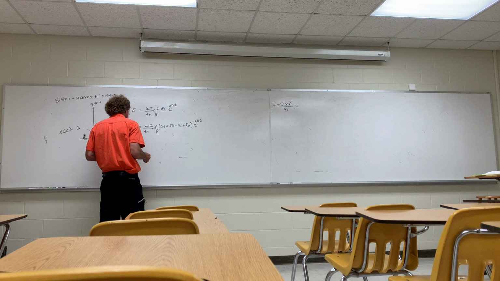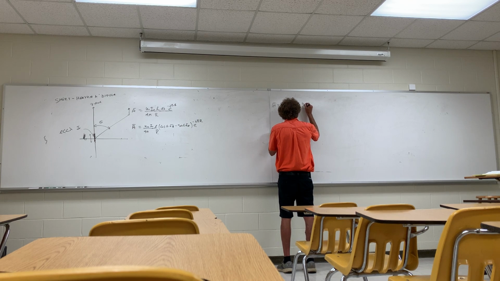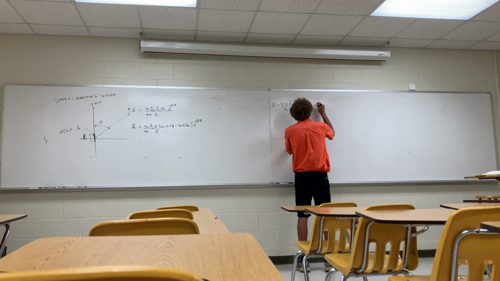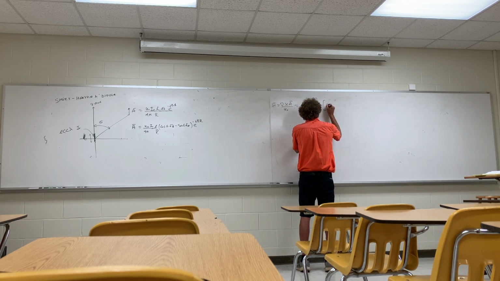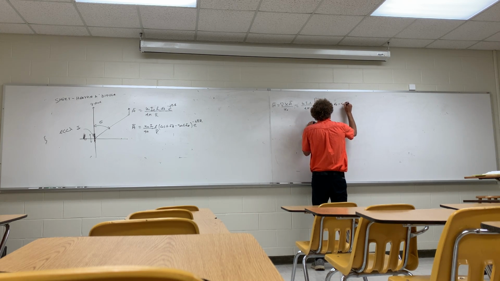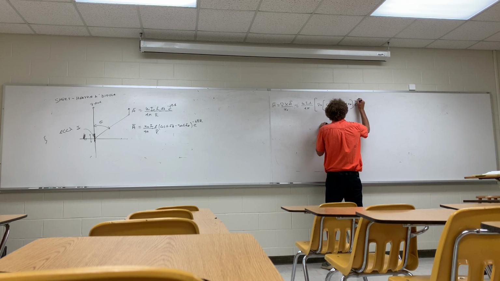I have mu naught I naught L over 4 pi. And then I have to take the curl of cosine of theta AR minus sine theta A theta, times e to the minus j beta R. So it's the curl of this.